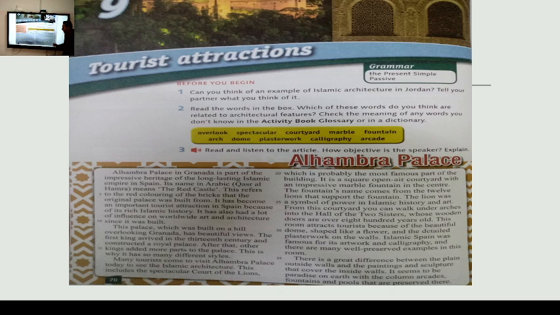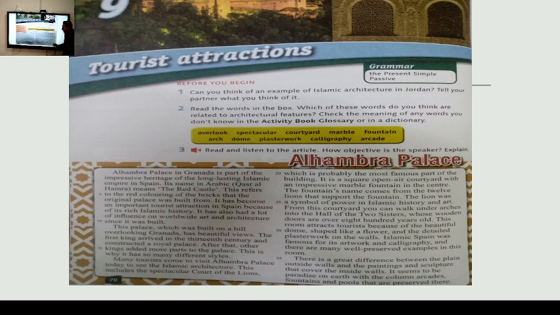Let's move to the second part, the second column here, which is probably the most famous part of the building. If I ask you what is the most famous part of Alhambra Castle, you would answer the Court of the Lions.